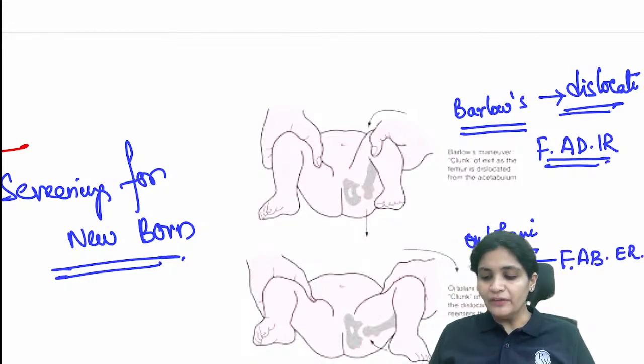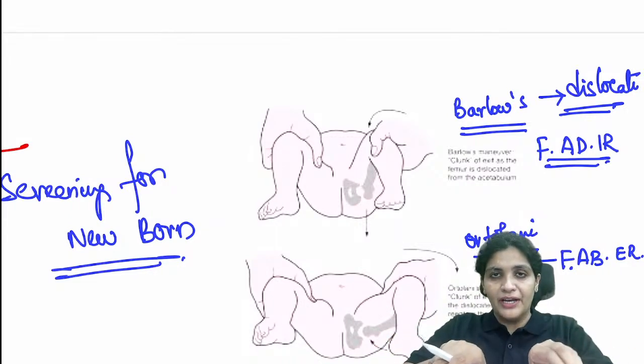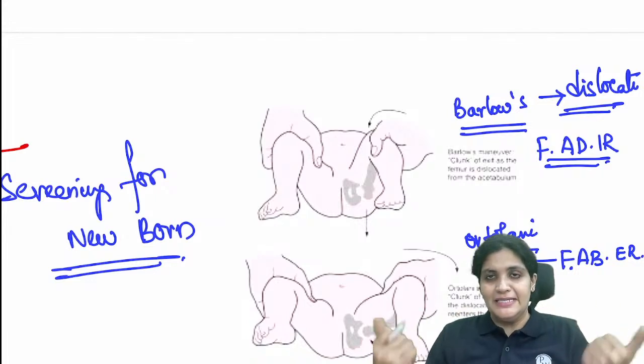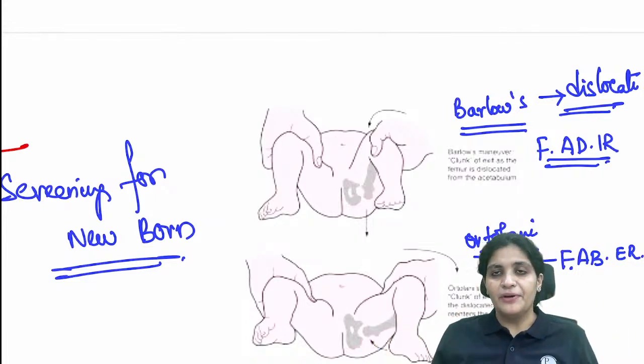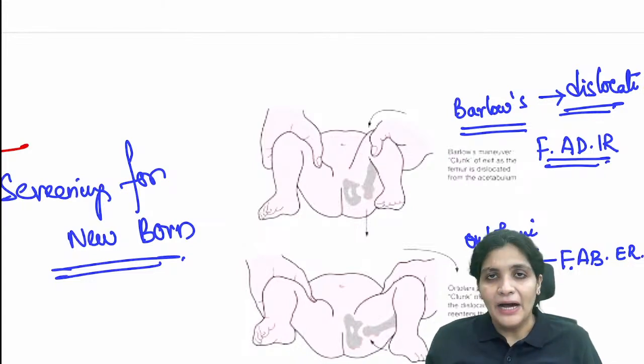So here what we are doing, we are actually getting the head out of the acetabulum. So we will internally rotate so that the head goes off the acetabulum, and whenever we do FABER, it sits in. So that is Ortolani. We are putting it inside, that is FABER. We are getting it outside, that is FADIR. So Barlow is FADIR, right?